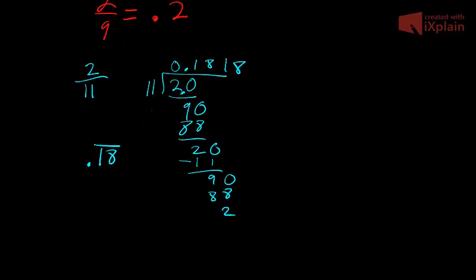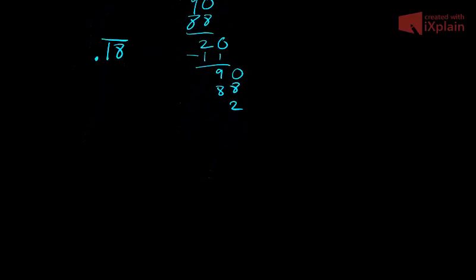One last one that I want to be able to do is going to be 1/6. Just to show you guys how this works, let me get this in a different color so we know it's a different problem. And we will do 1/6. So the question is, how many times does 6 go into 1?